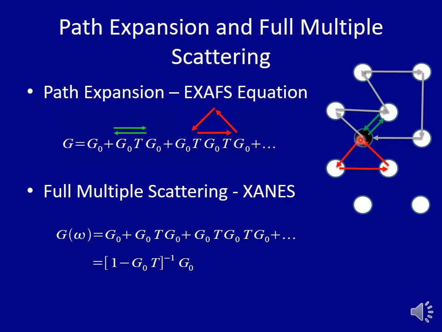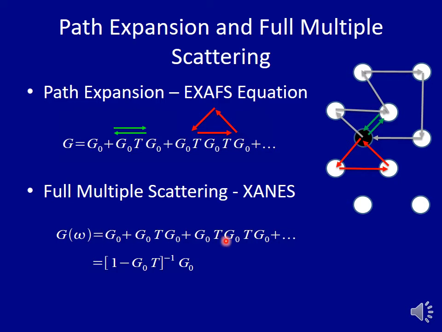And those tend to grow with path length as well. And so larger length paths have larger Debye-Waller factor damping.